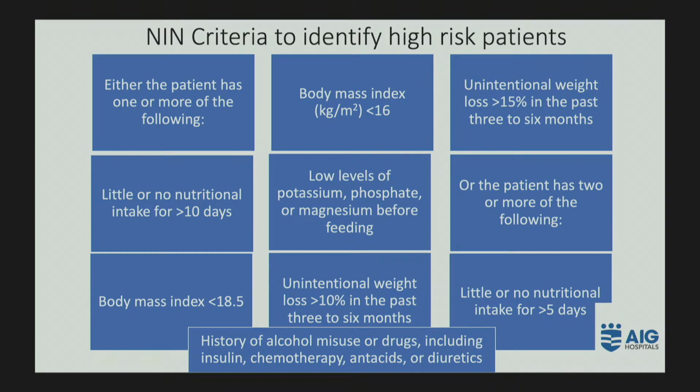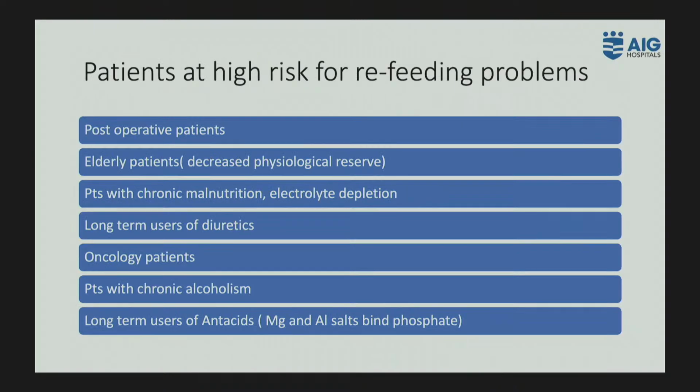And also a history of alcohol or any drugs, including insulin, chemotherapy, antacids, and diuretics, which affect the electrolyte and fluid balance, means you have to keep an eye on those patients too, so that you can avoid and treat them appropriately if they fall into refeeding syndrome.